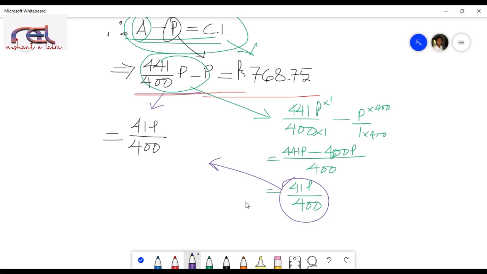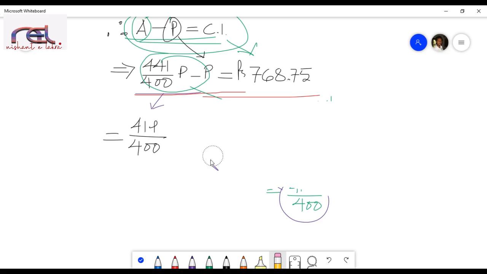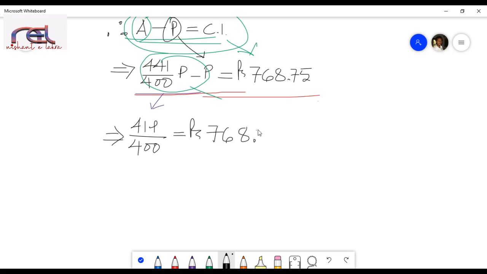It's not that hard. Let me just erase this rough part and we will solve it further. So 41P by 400 is equal to compound interest, that is rupees 768 and 75 paise.